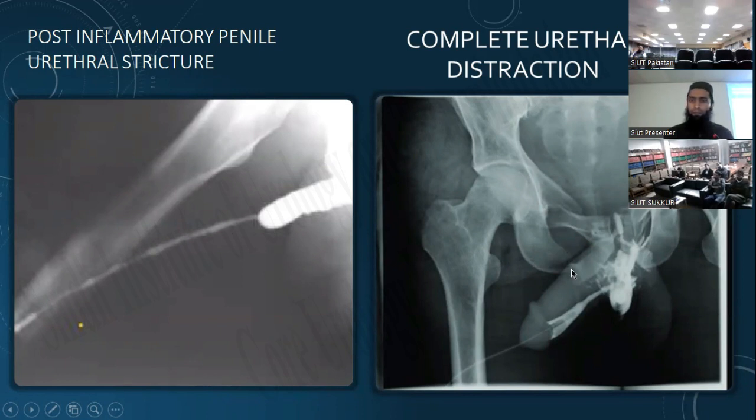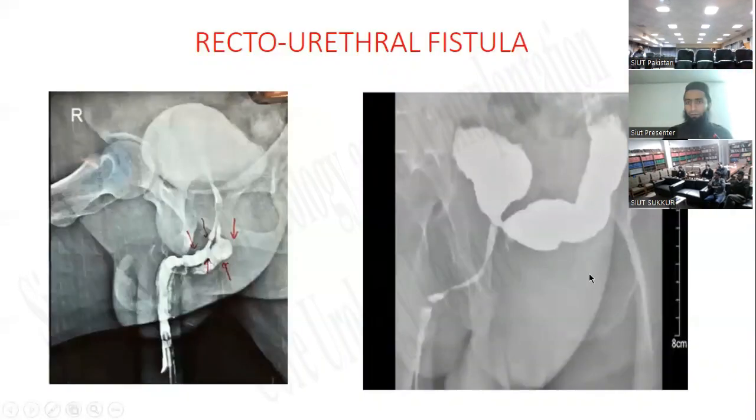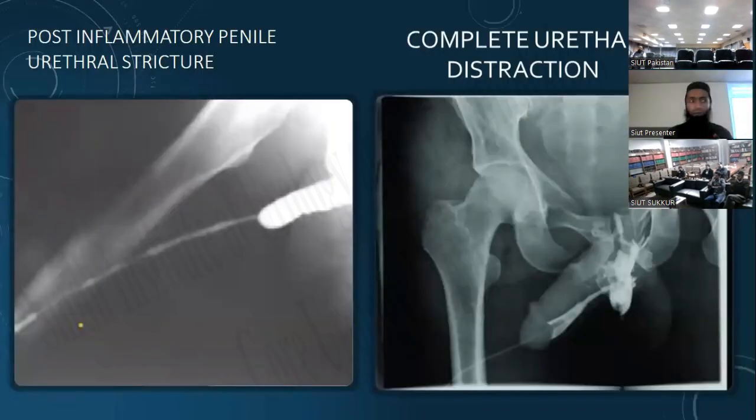And this is a complete urethral disruption, and you will appreciate the newer term pelvic fracture urethral injury, or PFUI. The ischium is broken here in this AP view, and in the retrograde urethrogram the dye is extravasating in the penile and bulbar urethra. So the term urethral distraction is used for the posterior urethra.